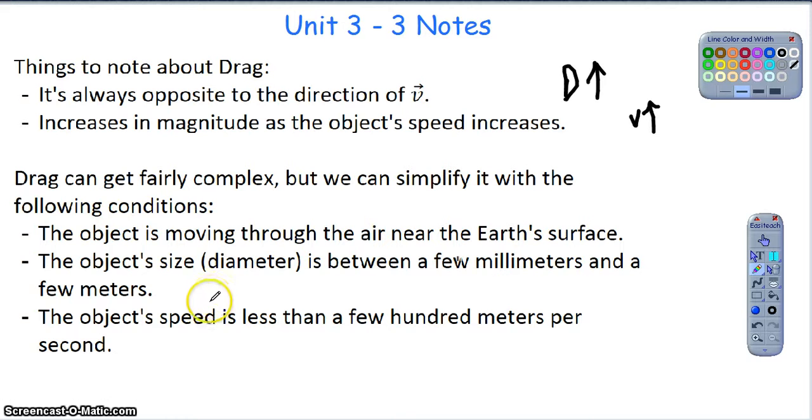So we'll assume that most of these objects are something like a ball or a rock that's fairly small in diameter. And then finally, the object's speed is less than a few hundred meters per second. That wouldn't hold if it was maybe a plane flying at a very, very high speed. It would complicate drag a little bit more. So we'll keep it fairly simple by assuming these three unless they tell us otherwise.